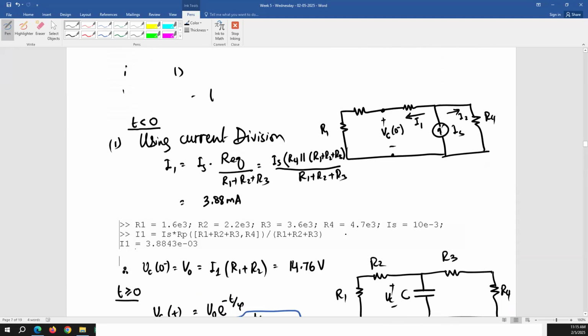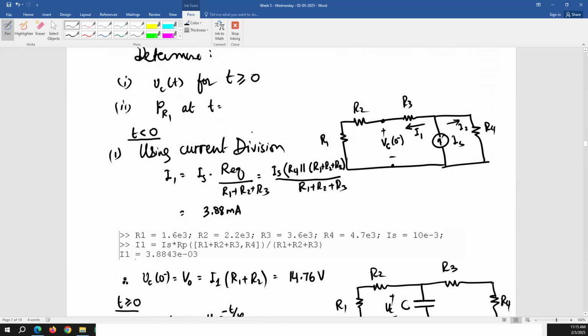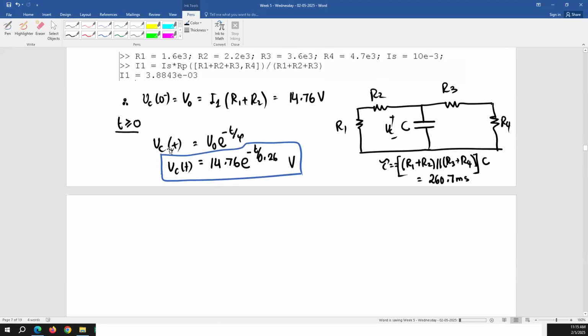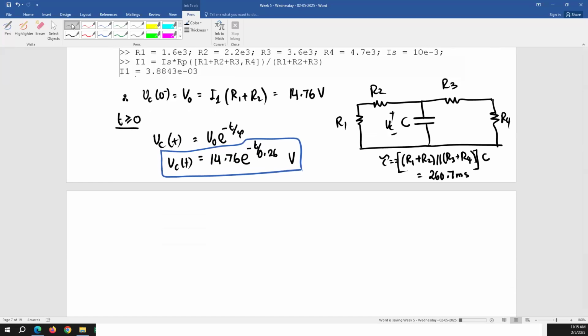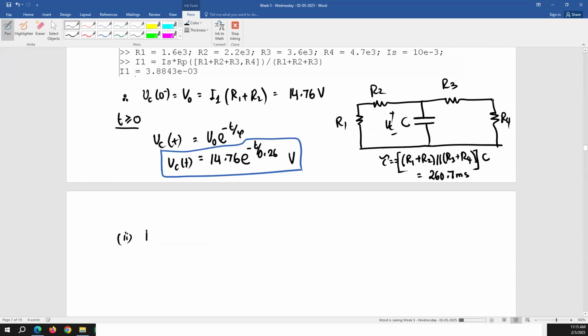So the next part that I put: based upon the time constant 0.26, let's say we find this at 0.1 second, so that it will be less than one time constant. And that is the power in R1 at t equal to 0.1 second.